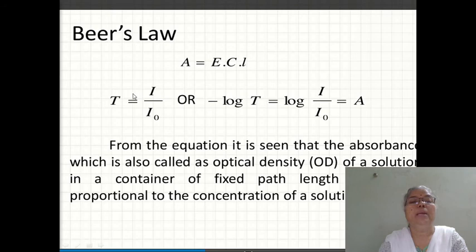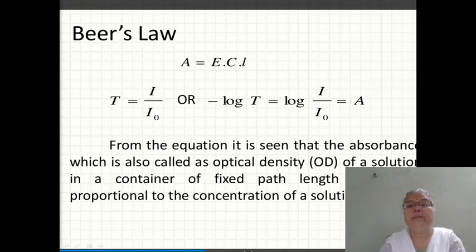Here the ratio of I by I0 is the transmittance, that means the fraction of incident light transmitted is given by the transmittance, and T is mathematically written as I by I0, or minus log T is equal to log of I0 by I, which is the absorbance.